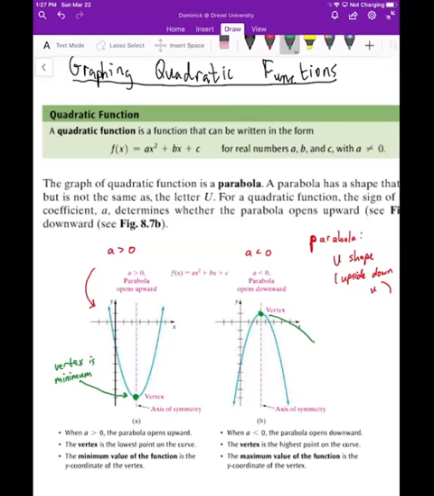And on the other hand, if your parabola opens downward, your vertex represents a maximum. And one more thing that we can comment on is you'll also notice that if you draw this dashed line where your vertex is, you have the same thing on either side of that dashed line. And that's what's known as the axis of symmetry for your quadratic function.